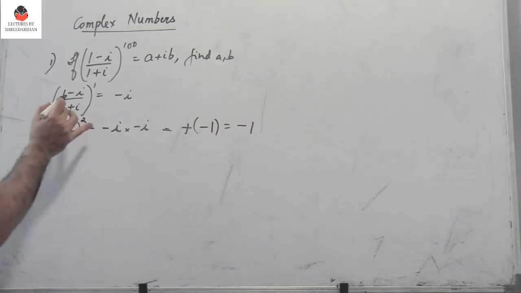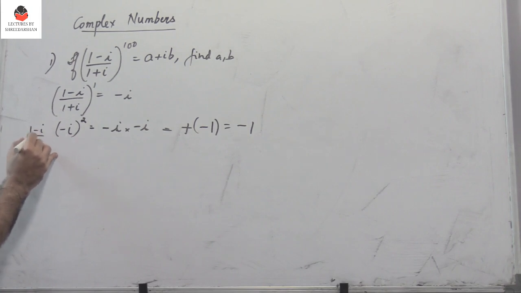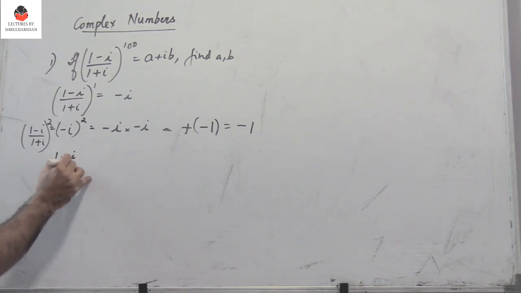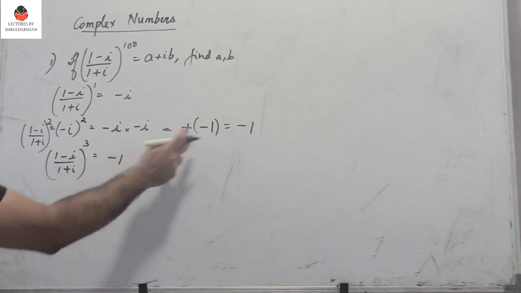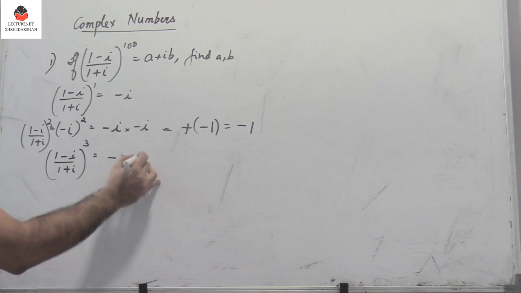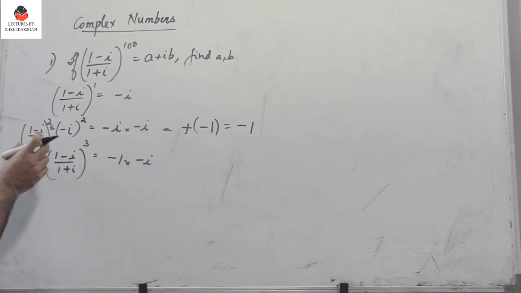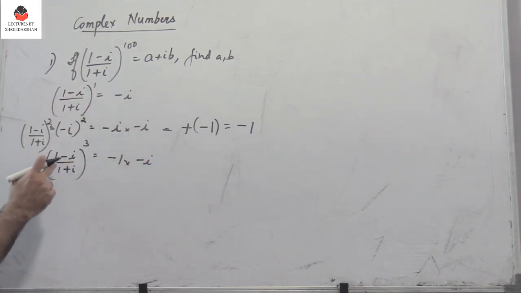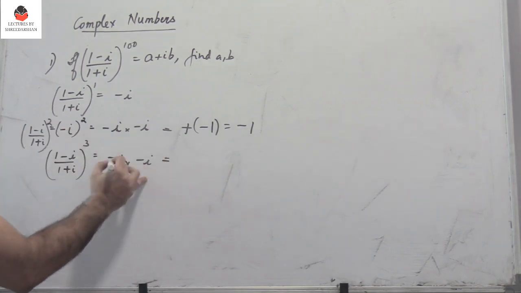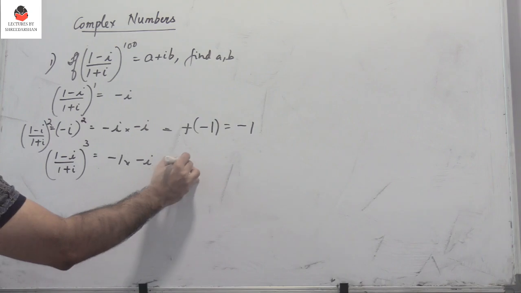So effectively ((1 minus i) by (1 plus i)) whole square equals minus 1. So what is ((1 minus i) by (1 plus i)) whole cube? Minus 1 represents the square, into minus i, right? So this into this is ((1 minus i) divided by (1 plus i)) whole cube. Minus into minus is plus, so we get i.